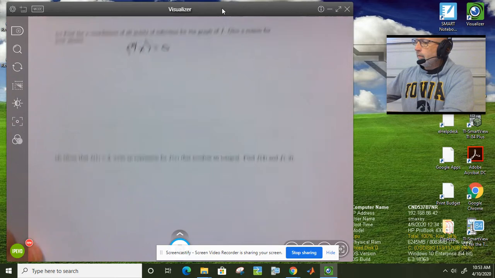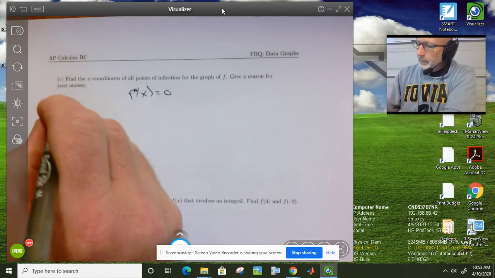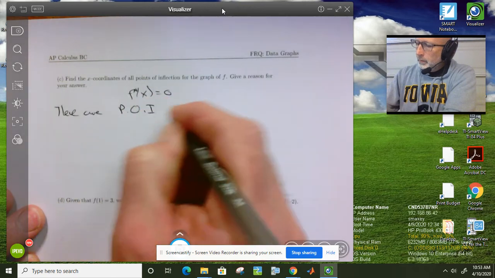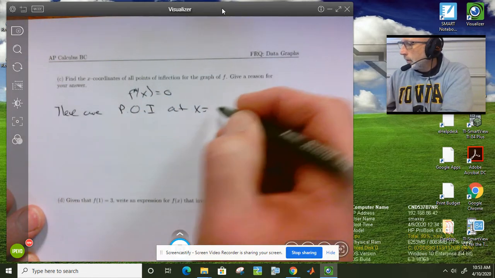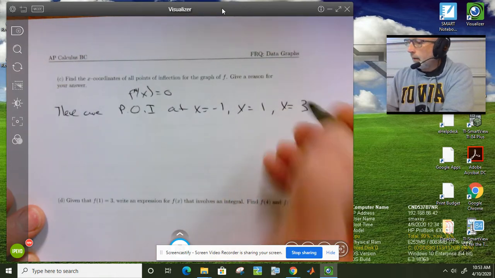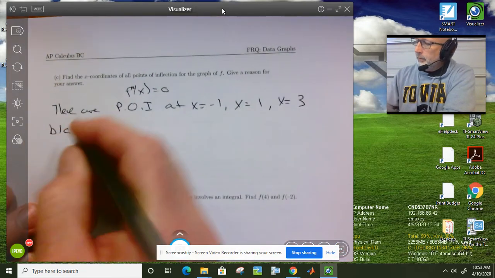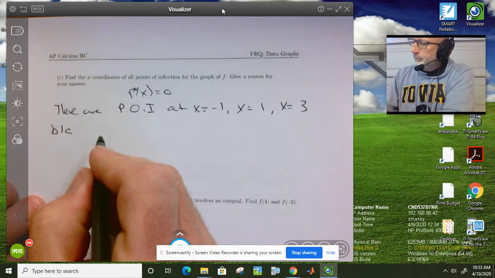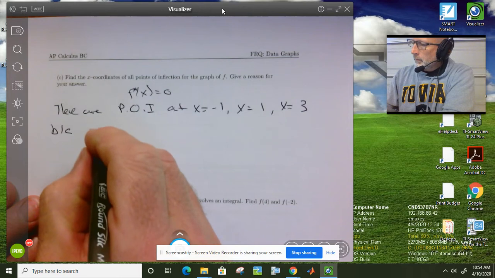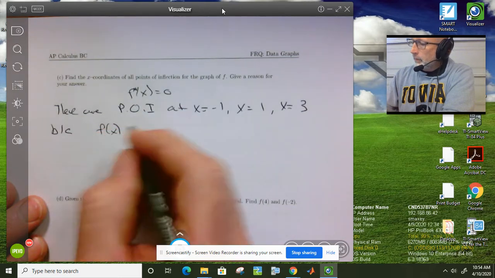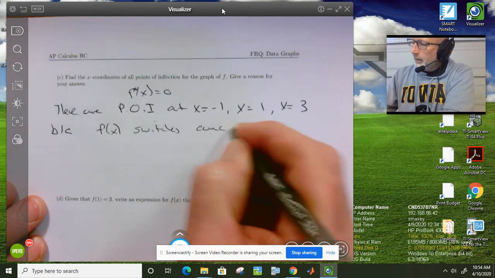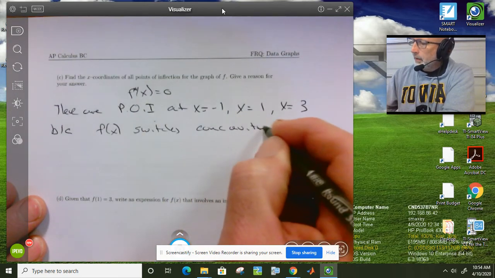So there are points of inflection at x is equal to -1, x is equal to 1, and x is equal to 3, because f of x switches concavity there.